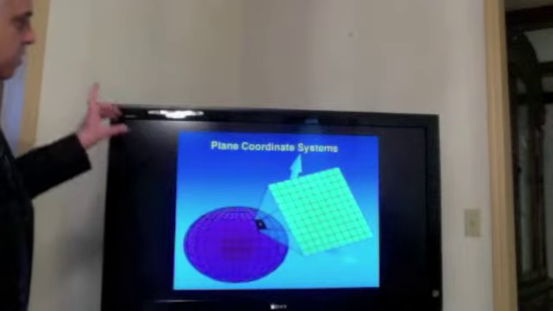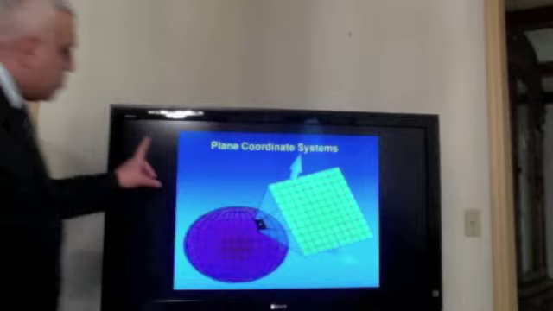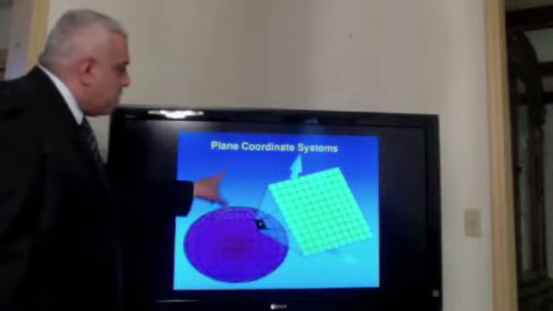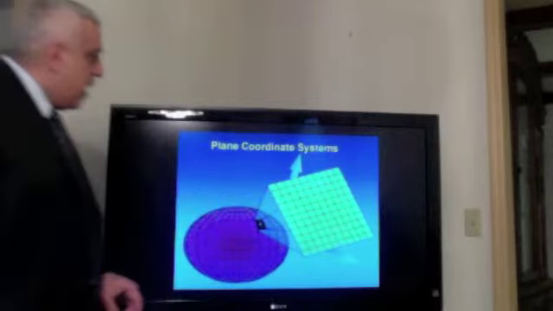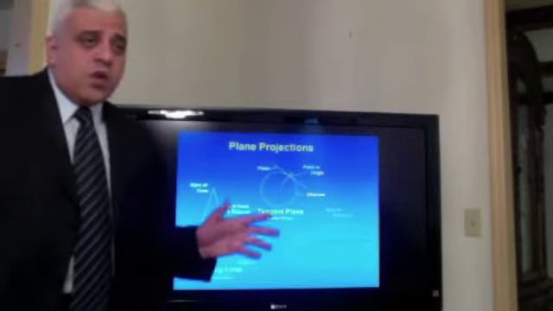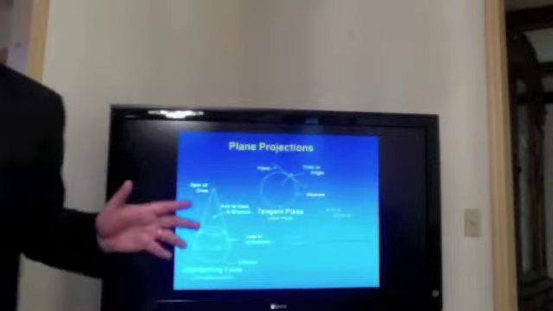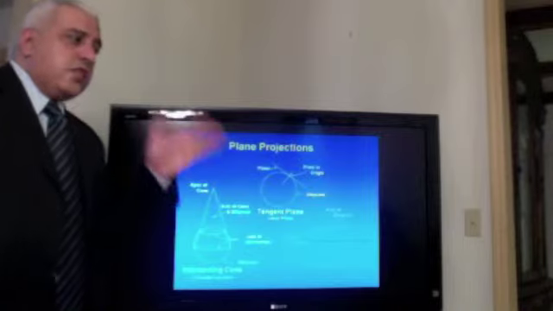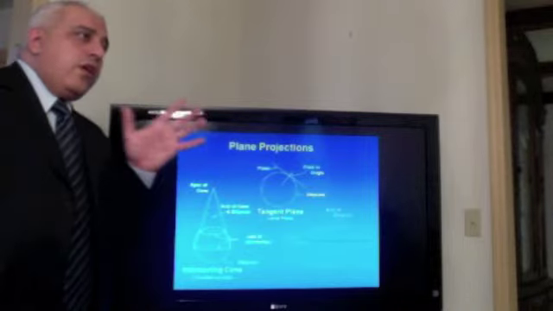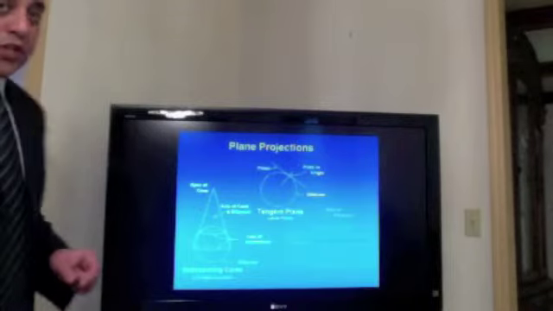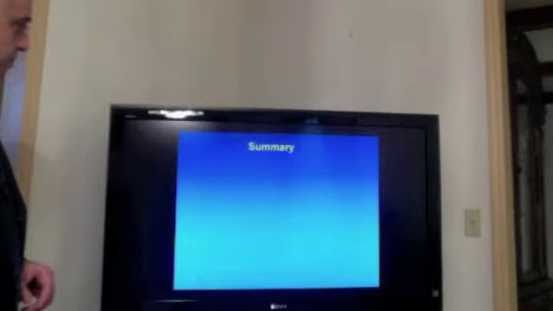So the step is to do this conversion from spherical coordinates to plane coordinates. So we have to choose here which projection we're going to use. All the United States has zones, and in the software you have to choose the proper zone with the proper projection to do this step.